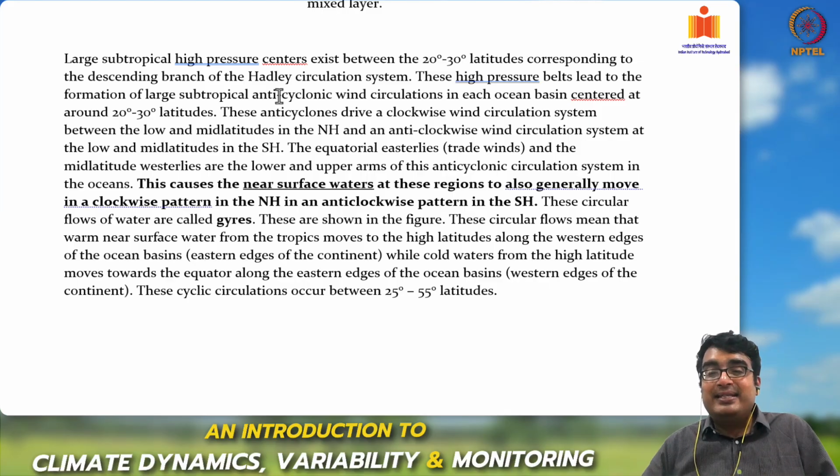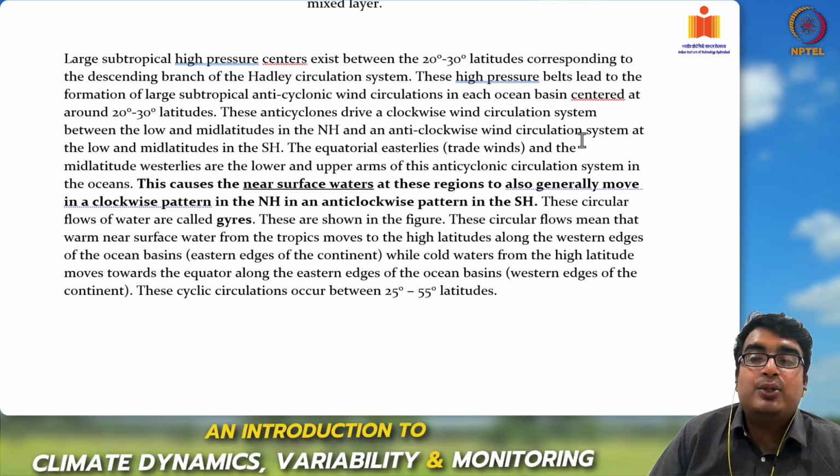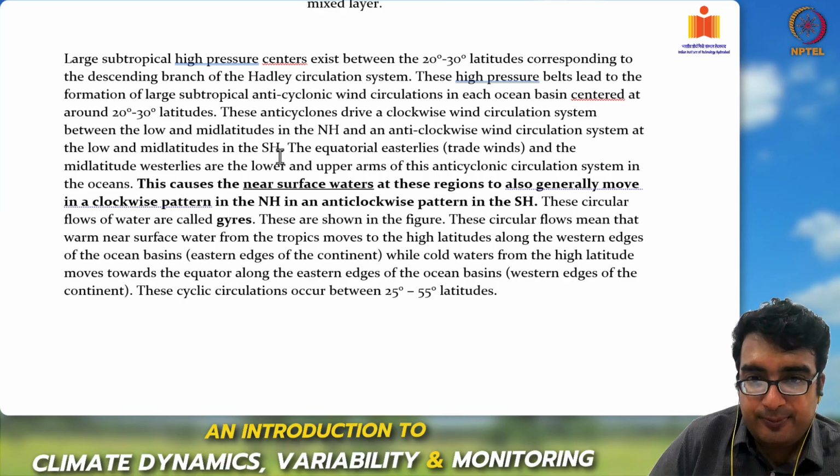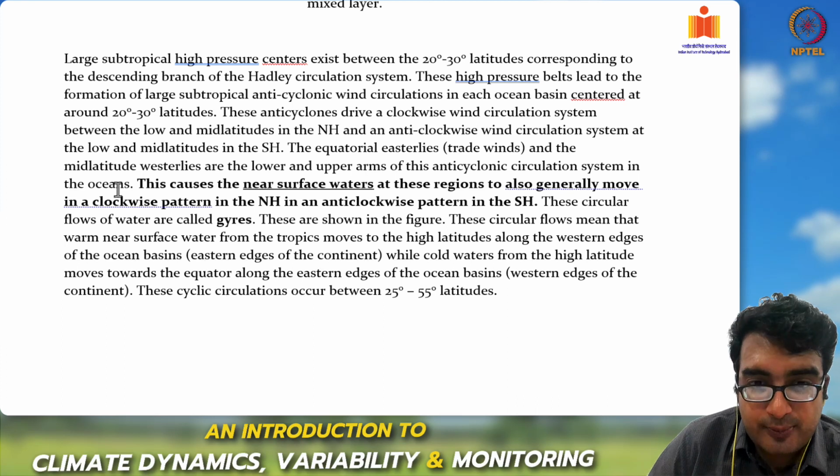And these anticyclonic circulations drive a clockwise wind circulation system between the low and the mid latitudes in the northern hemisphere, and an anti-clockwise wind circulation system at the low and the mid latitudes in the southern hemisphere. The equatorial easterlies and the mid latitude westerlies are the lower and the upper arms of this anticyclonic circulation system in the oceans.